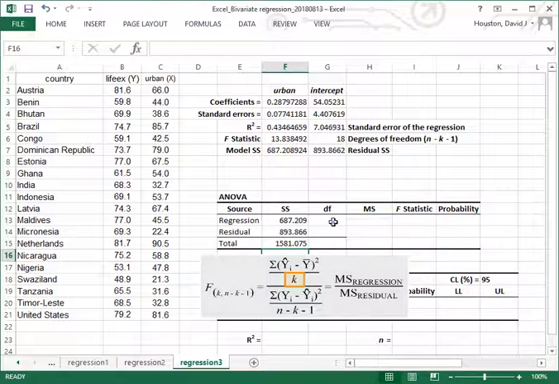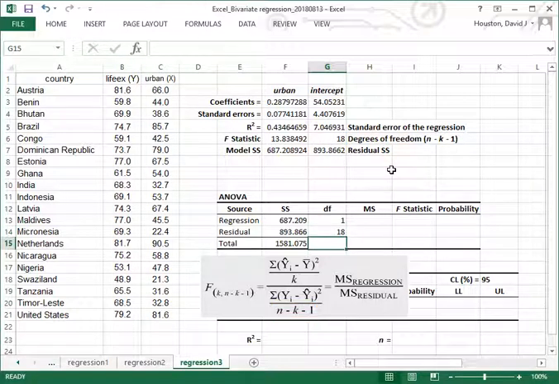Now the degrees of freedom, k, which is the number of independent variables in the model. In this case, we just have one. The residual degrees of freedom is n minus k minus 1, or 20 minus 1 independent variable minus 1, so 20 minus 2, or 18. That's provided right above the residual sum of squares in the LINEST output.